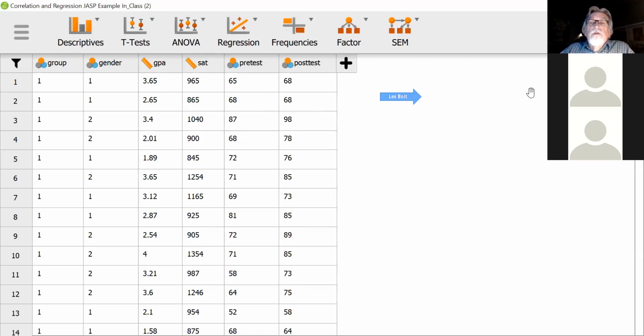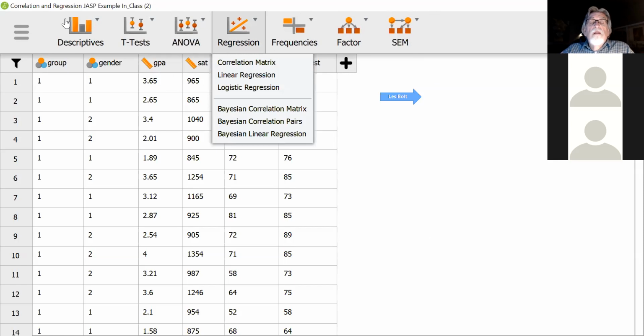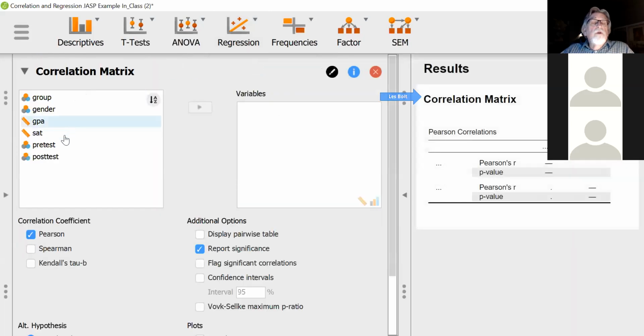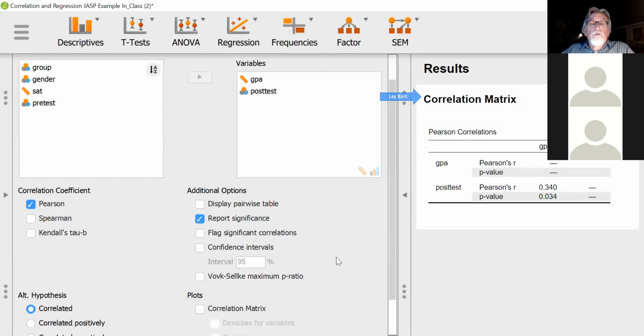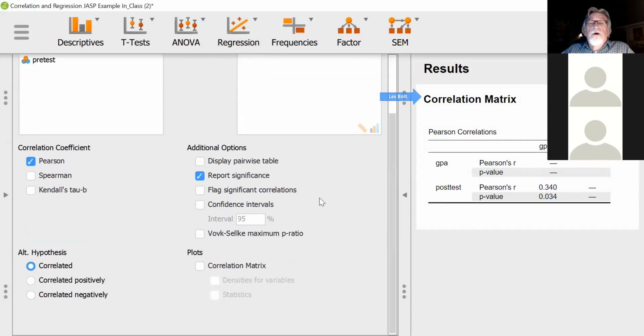And so I'll do a correlation matrix, in which I will put in GPA and post-test as the things I'm interested in correlating. Do a Pearson, accept the defaults, report significance.